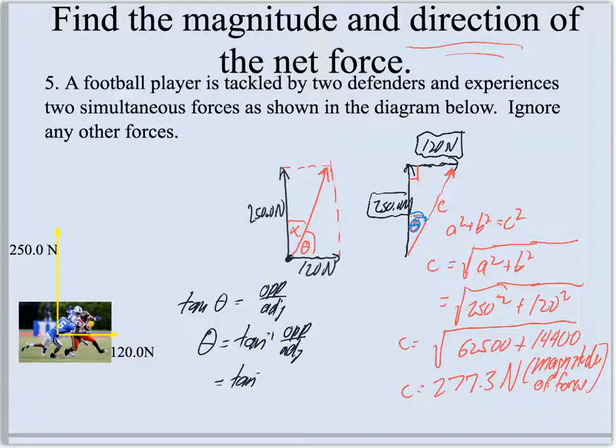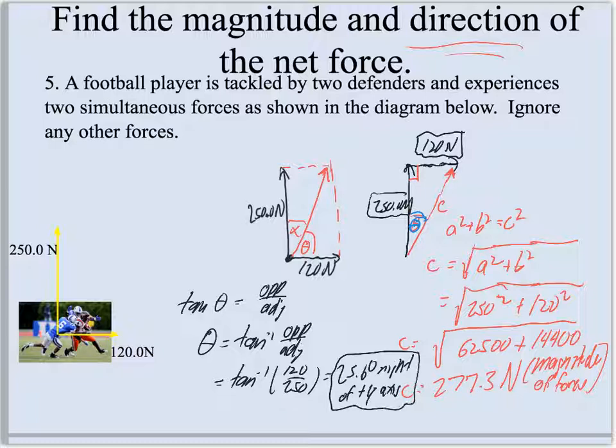And the inverse tangent of the opposite side is 120. The adjacent side is 250. So what is the inverse tangent of 120 over 250? Well, that would be 25.6 degrees. And that would be to the right of the positive y-axis.